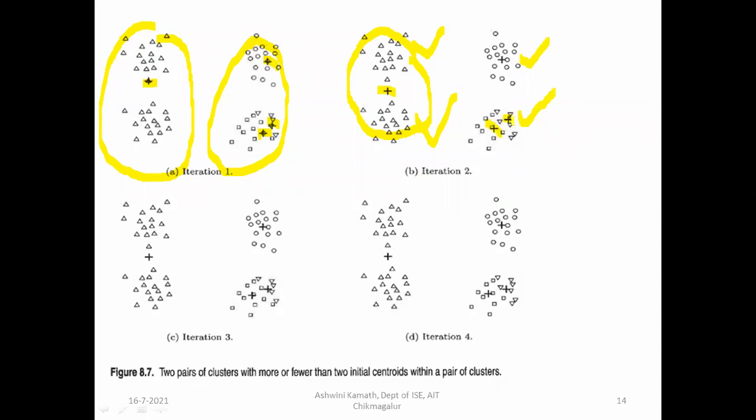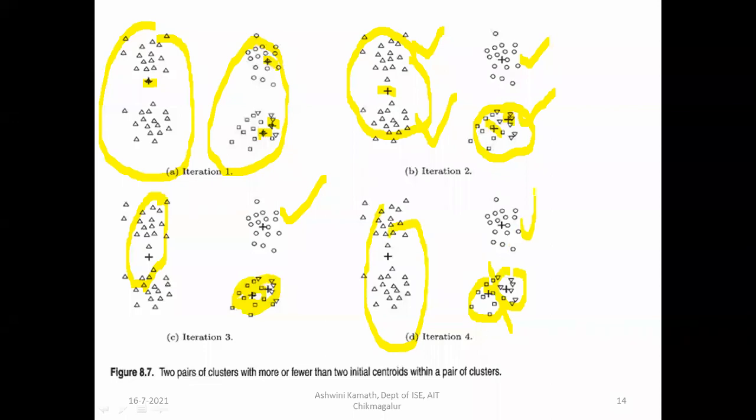So it will divide the single cluster into two clusters if we select like this. So these two clusters are merged here, and this is another cluster, and this got split. This will get split in the next iteration. So here it is split. This is one cluster and this is another cluster. So these two clusters are combined with each other, and this is another cluster.